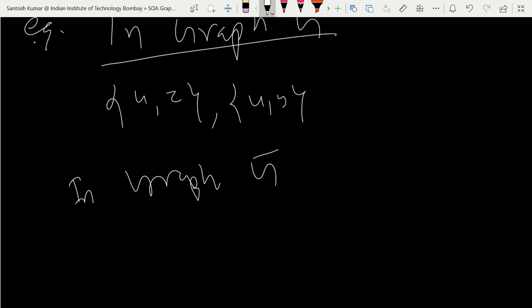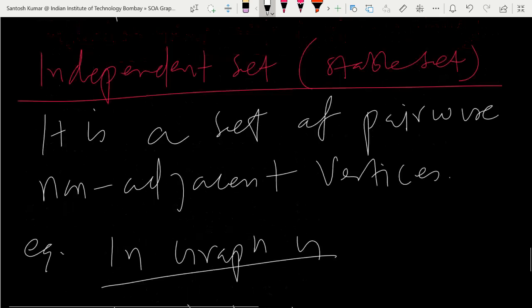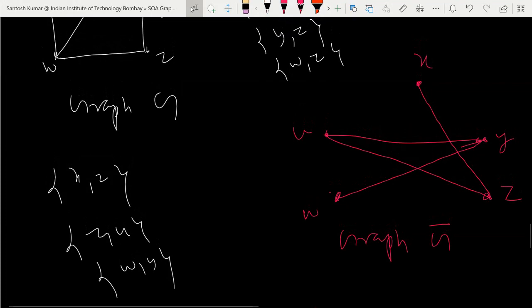In graph G complement, what will be the independent set? Can you write any? UX.